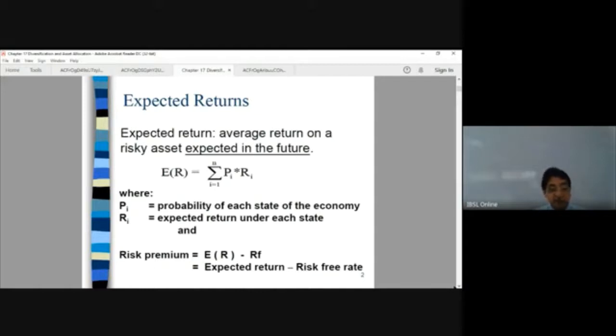Then there is a thing called the risk premium. Now this risk premium comes with the concept of the risk-free rate. What do you mean by risk-free rate? The risk-free rate is the rate which we expect from a risk-free investment. What do you mean by a risk-free investment?